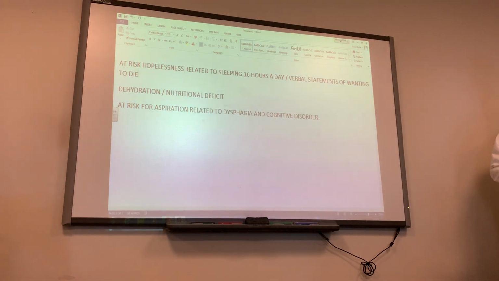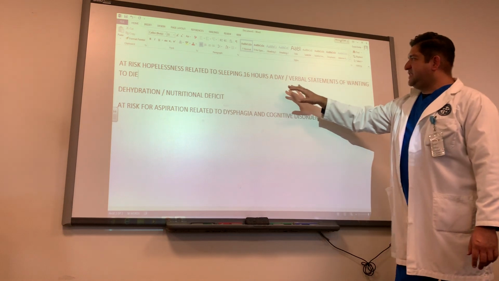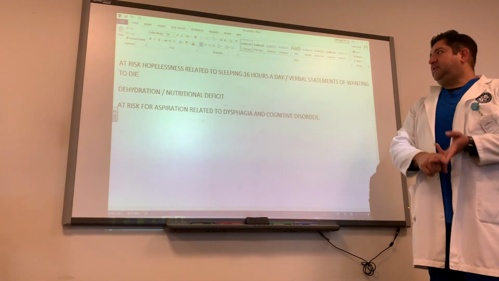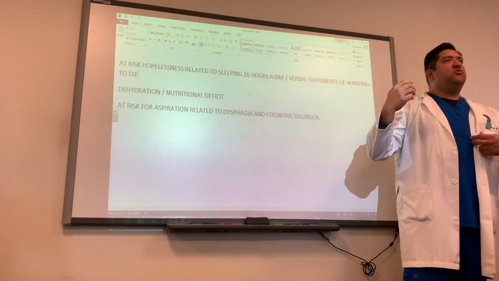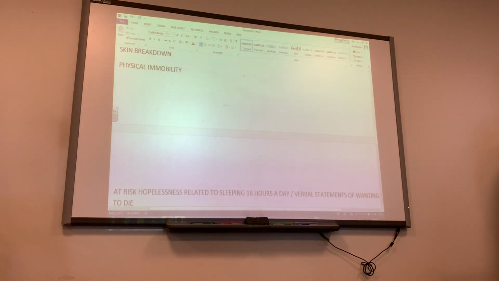Okay? So there's your risk statement related to what? What are they manifesting? What can you hear, smell? What can you palpate? What can you see with your own eyes and listen to? Physical immobility. At risk for physical immobility related to, somebody said muscle atrophy, right?